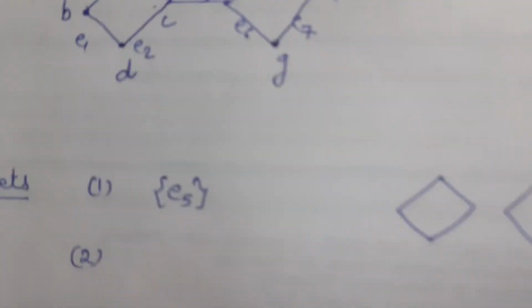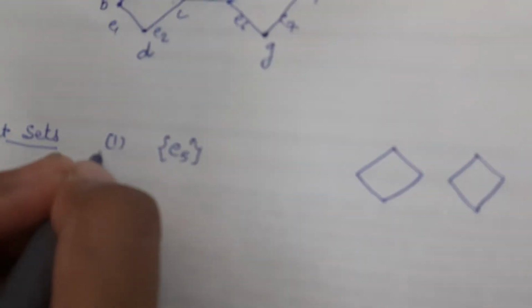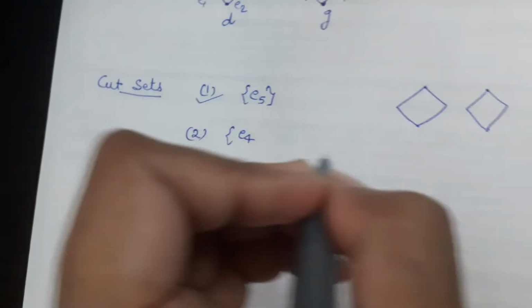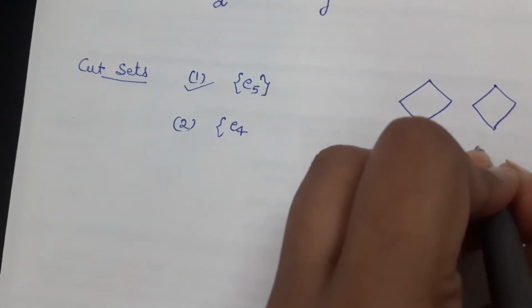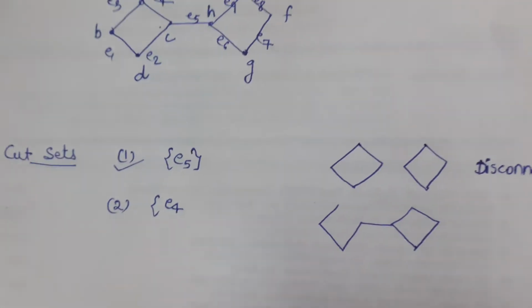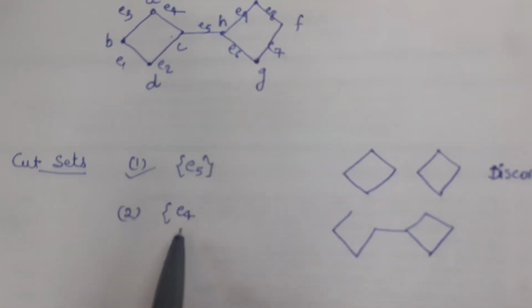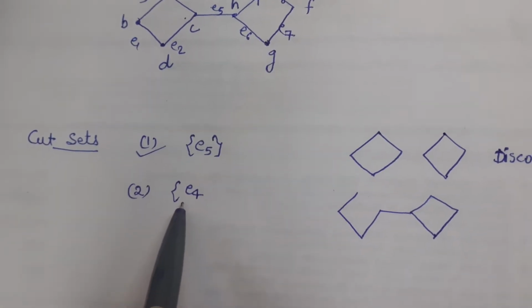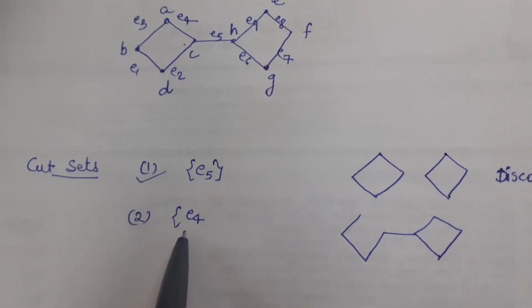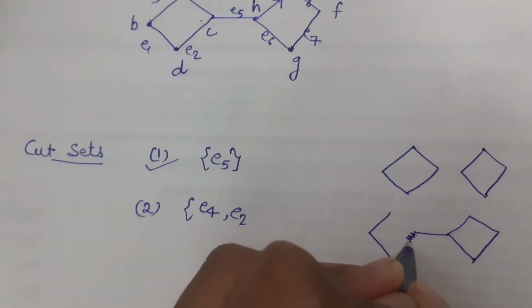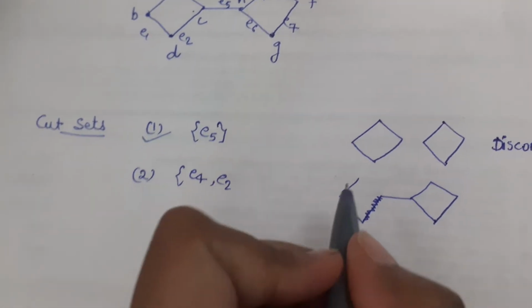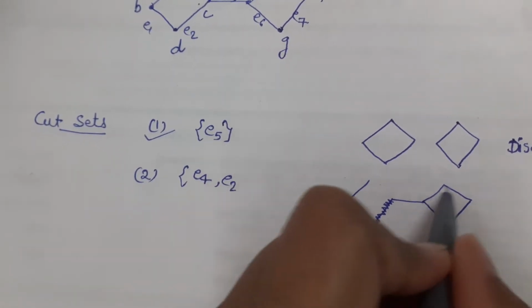If I remove, suppose I removed E4, then the graph is this. Now the graph is connected, so E4 alone does not make the graph disconnected. So let us suppose I removed E2 as well. So I removed this one. Now the graph is this and these edges.